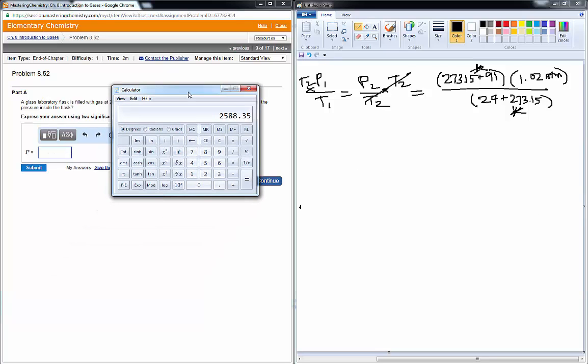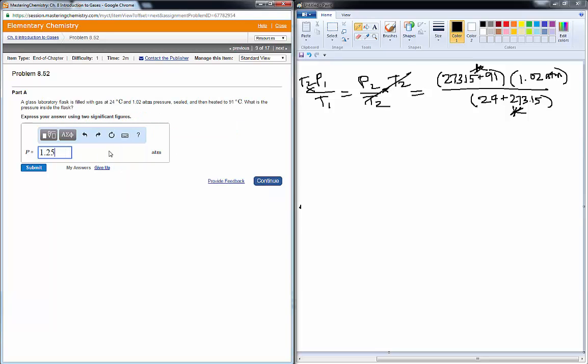I'm just going to use parentheses to do this all in one go. 273.15 plus 91 times 1.02 atmospheres. Divide that by 24 plus 273.15. Gives me a final pressure of 1.25 atmospheres.